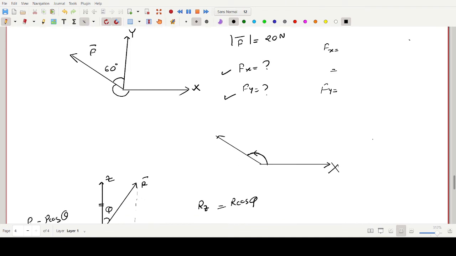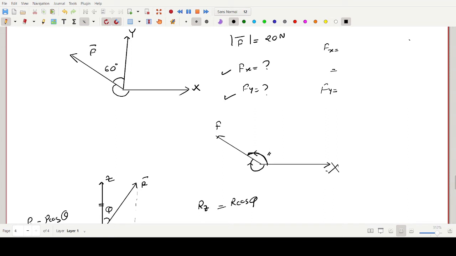Now look here, x is this, and here we have force. So this is the anti-clockwise angle between x and f, but this is the clockwise angle. Remember that. How do we know which angle is anti-clockwise and which one is clockwise?